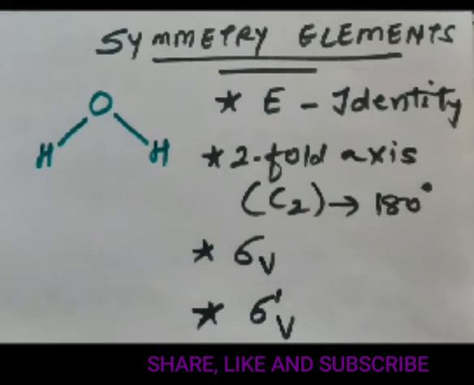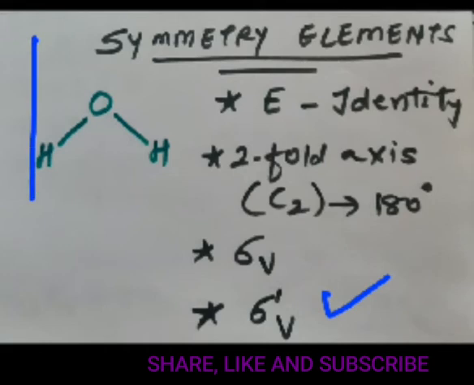One more symmetry element left within this water molecule is sigma prime v. It is again a vertical plane of symmetry. You have to remember, whenever there is a planar molecule, it normally has a mirror plane associated with it.